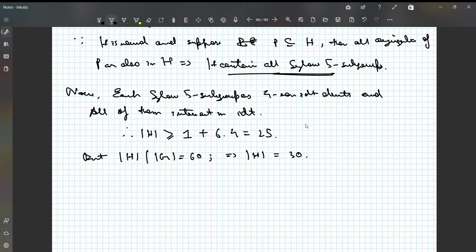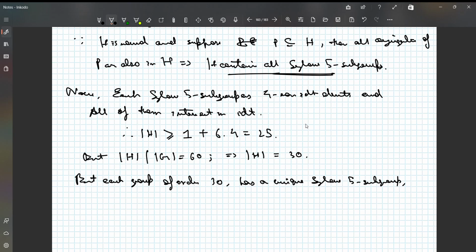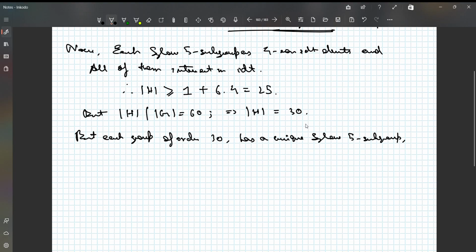Now recall from the analysis of groups of order 30 that each group of order 30 has a unique, normal Sylow 5-subgroup. But that is obviously not the case here, because H has 6 distinct Sylow 5-subgroups, contradicting the fact.